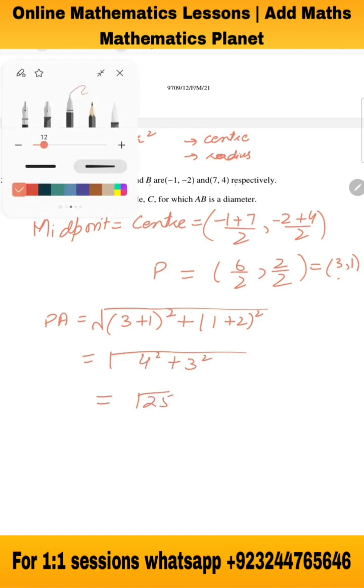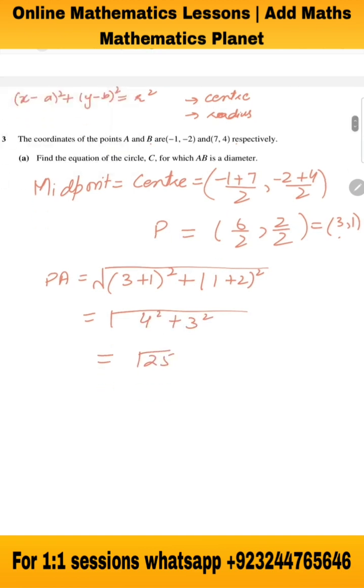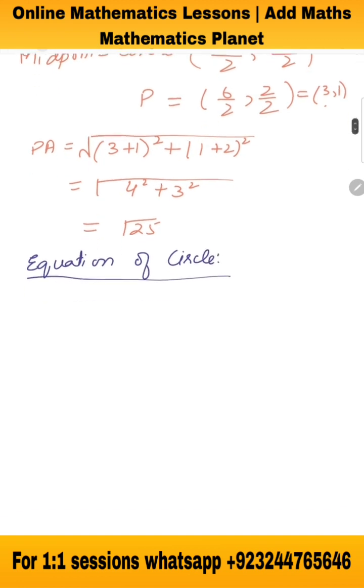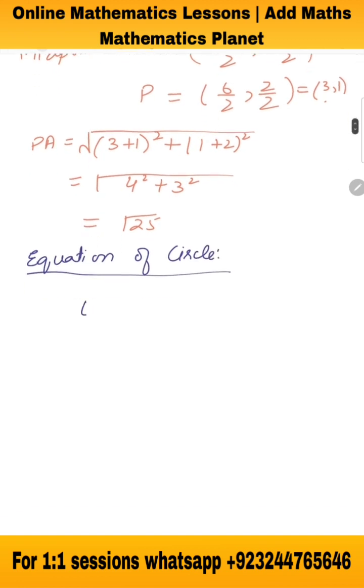So the equation of the circle can be written as, okay, x minus, what was the center, 3 whole square plus y minus 1 whole square, which is equal to the square root of 25 square, which is equal to 25.